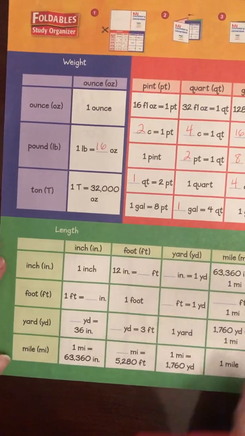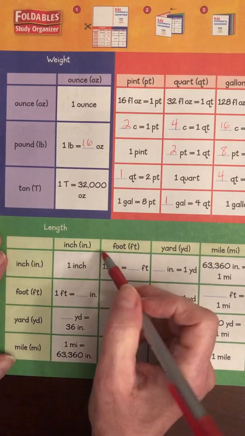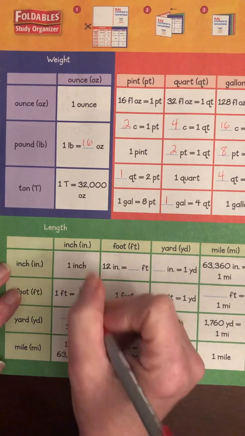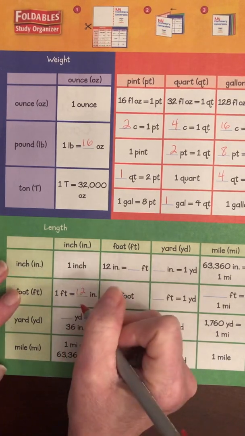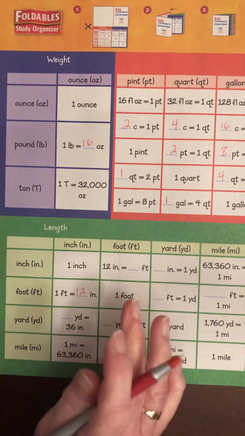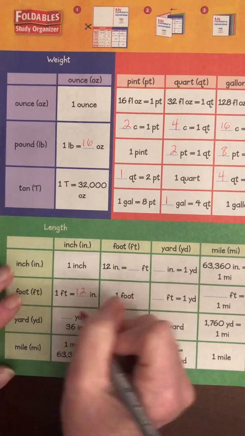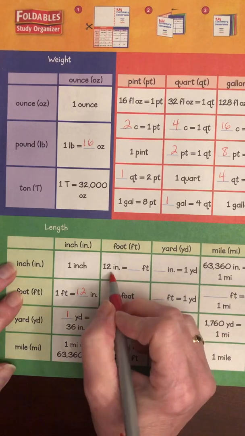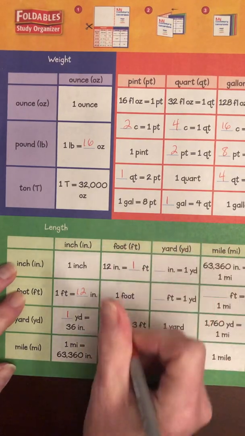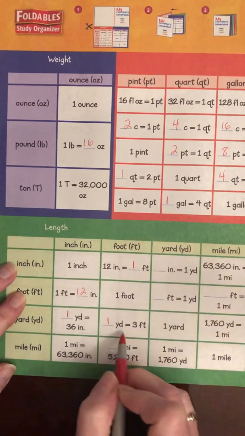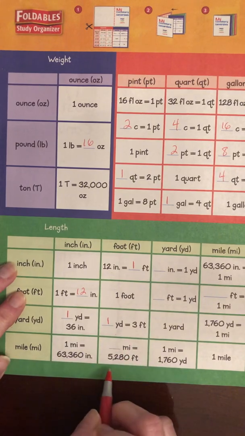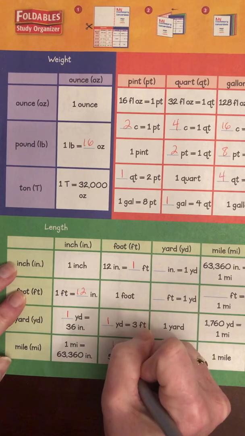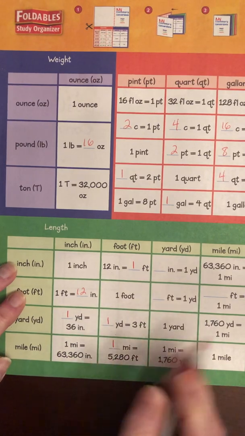Okay, looking at measurement. Okay, let's see here. 1 foot is 12 inches. 1 yard is 36 inches. Okay, 12 inches is 1 foot. There's 1 yard, 3 feet is 1 yard, and 1 mile is 5,280 feet.